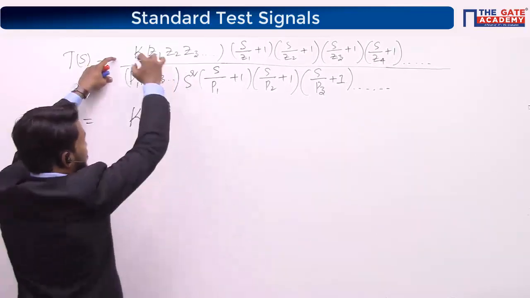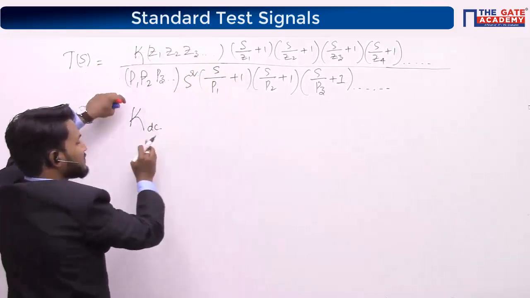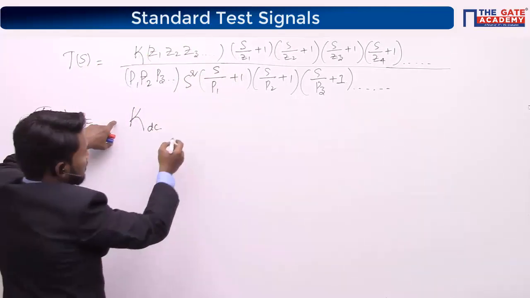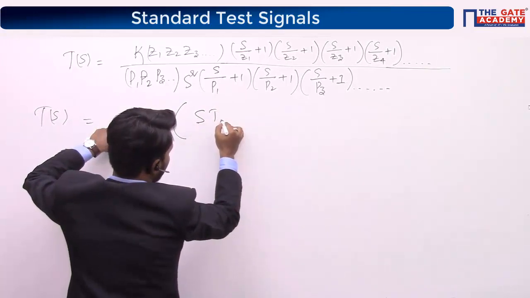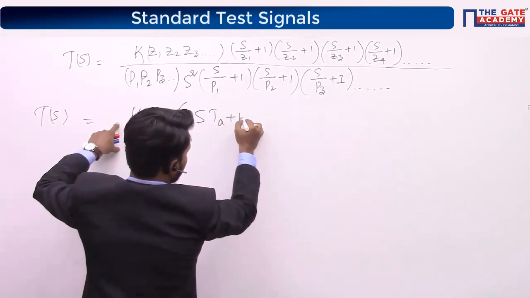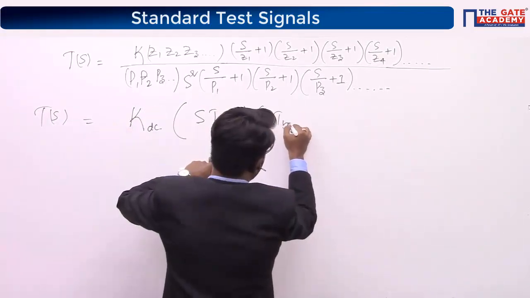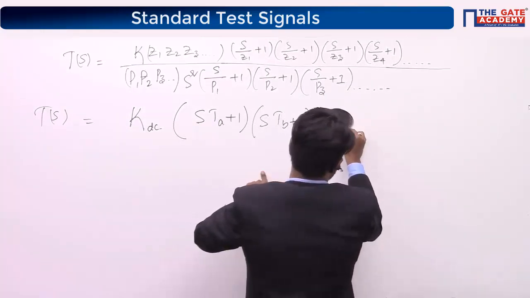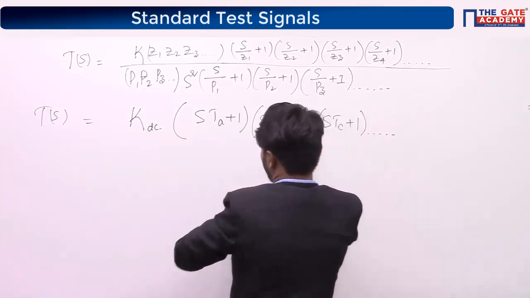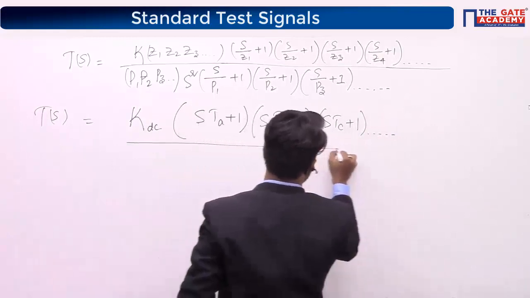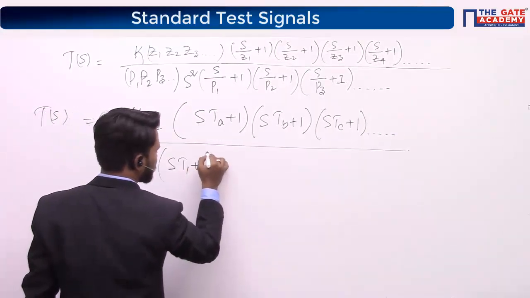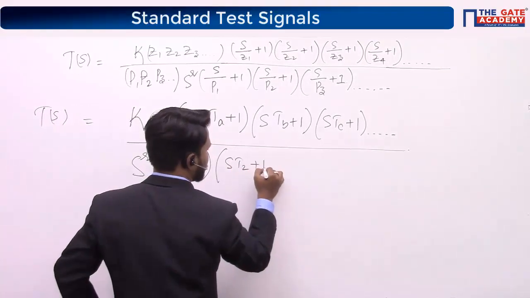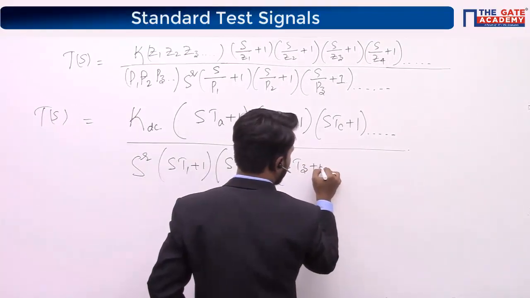So all these constants multiplication, we can write as a single constant, right? This multiplied by S T A plus 1, S T B plus 1, S T C plus 1, and so on, divided by S power R, S T1 plus 1, S T2 plus 1, S T3 plus 1.